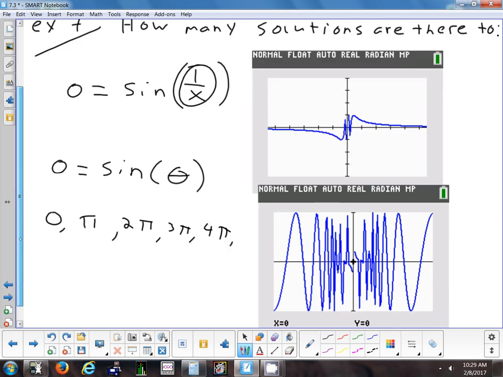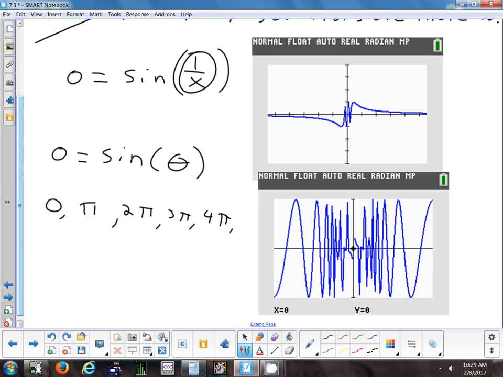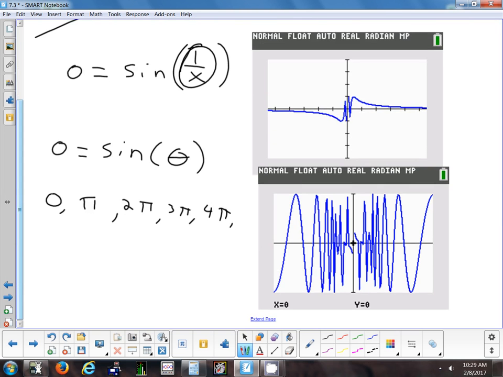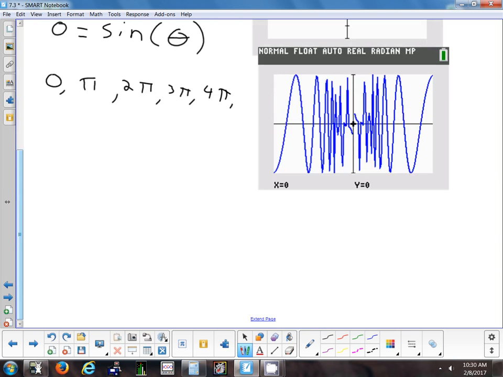Okay, so basically, how could you summarize that? Every 180 degrees. Yeah, anytime you take an angle that's a multiple of pi, if you take the sine of it, the answer comes out to 0. All right, so basically, as long as 1 over x is equal to some multiple of pi.